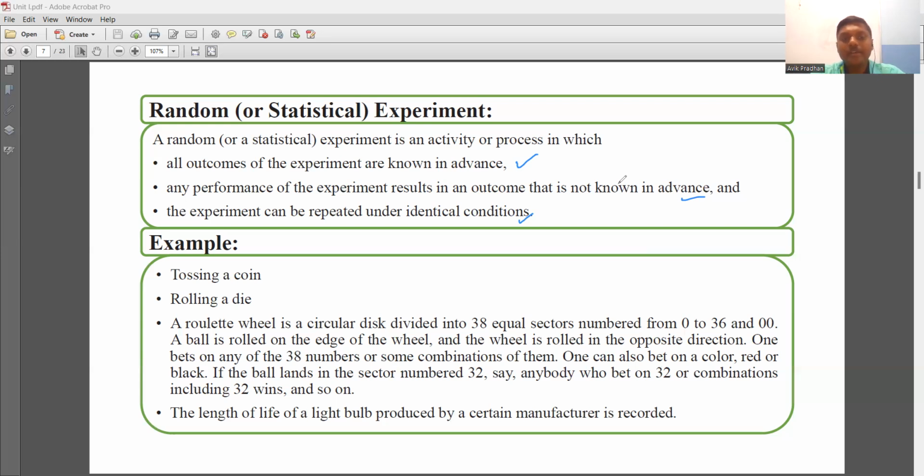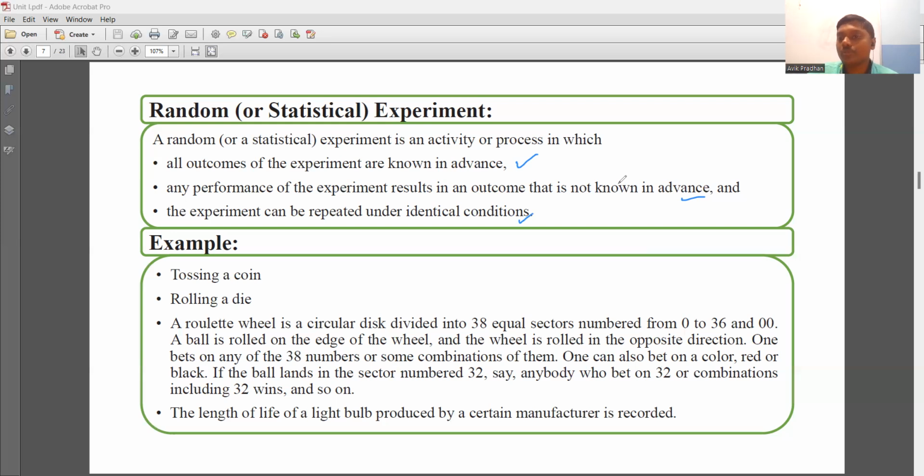So, for example, I have already mentioned the example of tossing a coin. If I consider the experiment of rolling a die, in that case also, we know the possible outcomes are 1, 2, 3, 4, 5, or 6. So all the possible outcomes corresponding to this experiment are known in advance, but we do not know what is going to happen in a particular performance of the experiment.